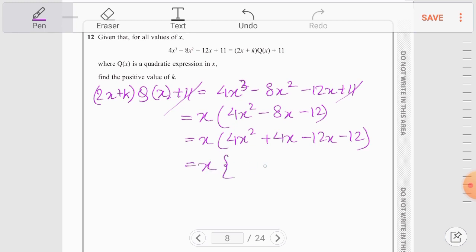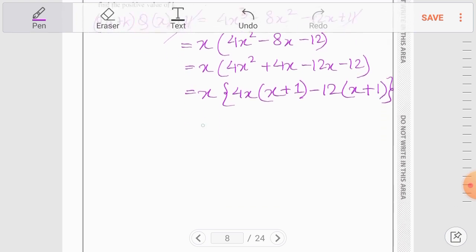Then take common between the first two terms, so we can take 4x common, that would be x plus 1. We can take 12 common, that would be x plus 1. And then the equation would look like 4x minus 12, x plus 1.